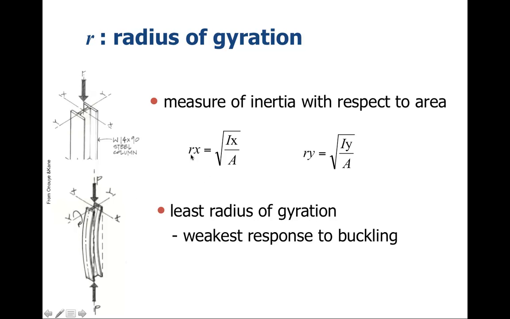So we have R sub x equal to the square root of I sub x over A, versus R sub y, the square root of I sub y over A. The least radius of gyration represents the weakest response to buckling, or the place where buckling is most likely to occur.